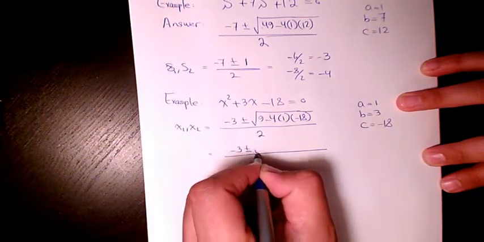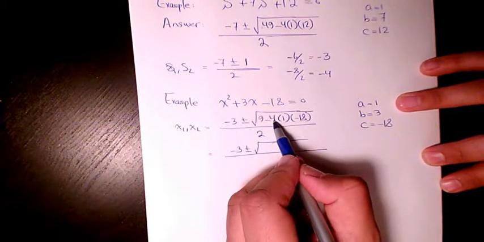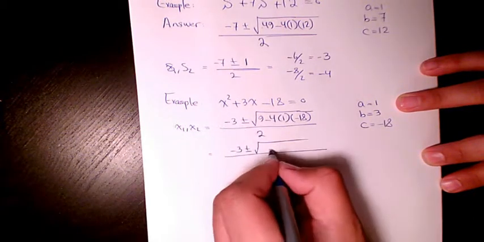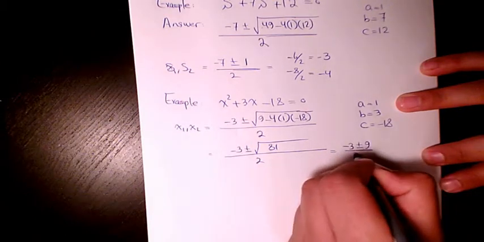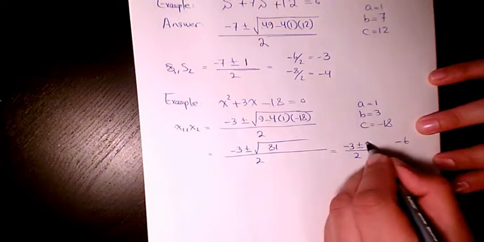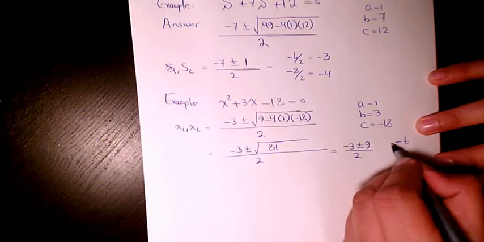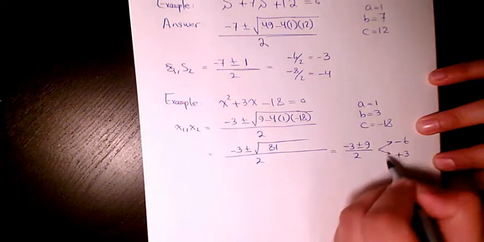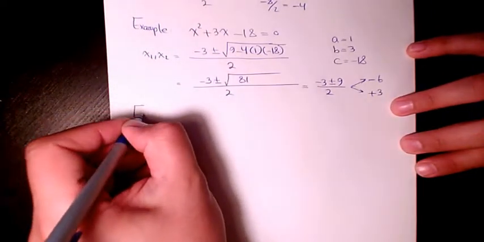Negative 3 plus minus square root of, 18 times 4 is 72, plus 9, 81. So that will be negative 3 plus minus 9 over 2. So we have negative 12 over 2, negative 6. Positive 6 over 2 is going to be 3. So we have negative 6 and positive 3. Next example.